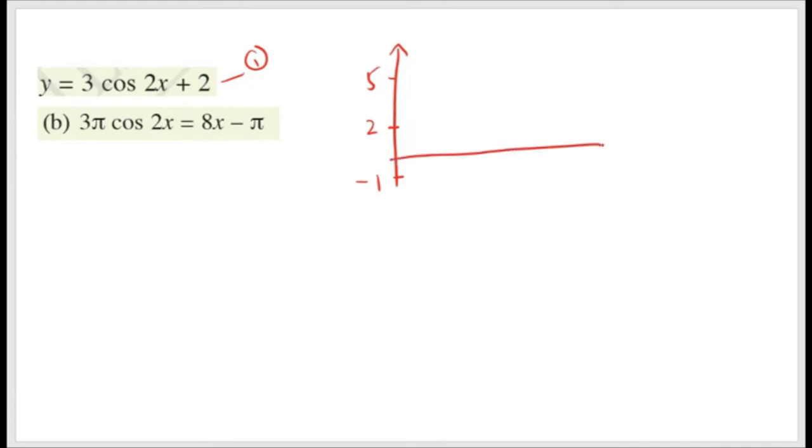So 0 is here. This is your value of x. This is y. So 1, 2, 3.